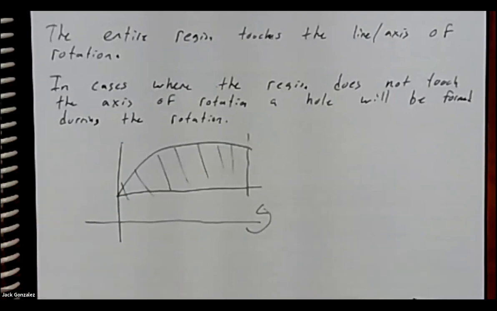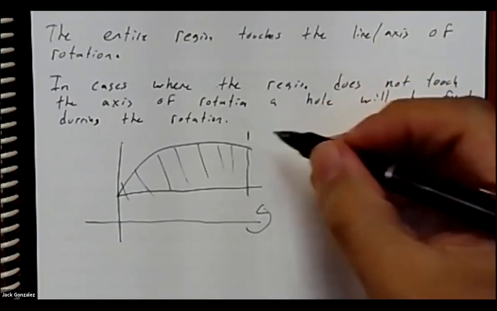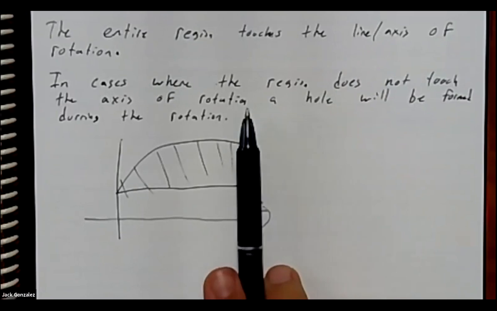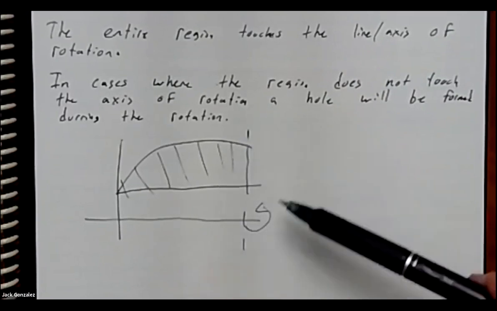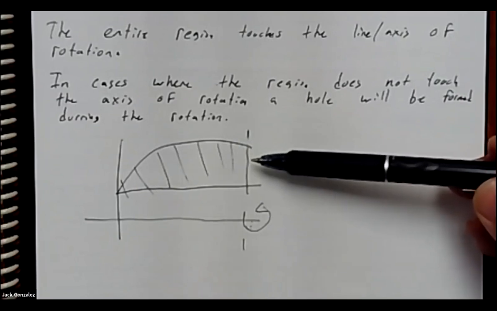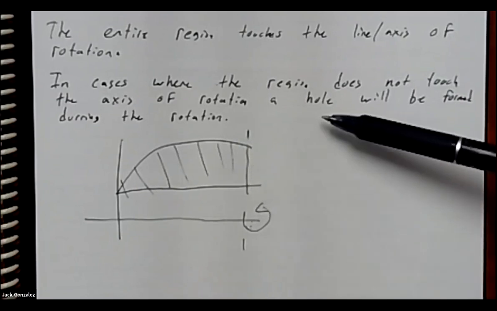Well, it has to be on the zero. So it's on the line on this one, that's where it starts. Let's say this is one. So if it's closed off right here, but it's not on the rotational axis, it's floating away from it, there will be a gap. So that's the hole that they're talking about.